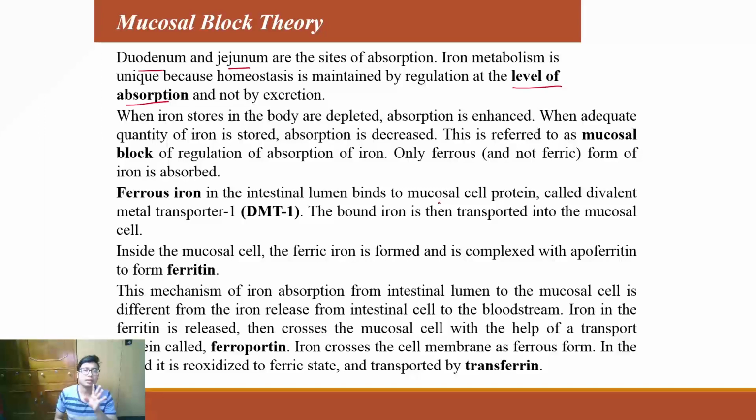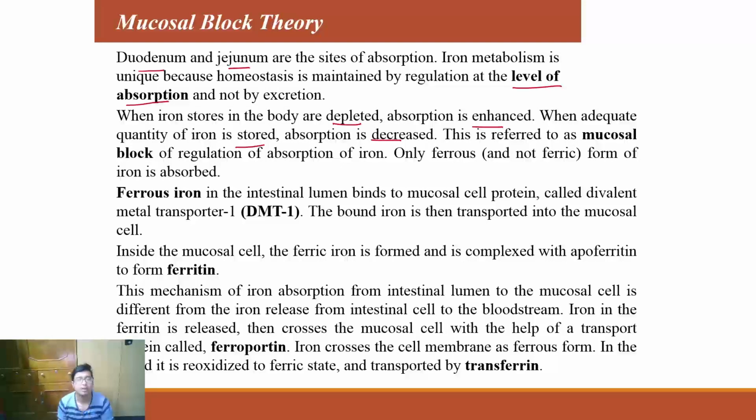And when adequate stores of iron in the body are fulfilled, then iron absorption will be decreased. It is very easy to understand. When iron stores are depleted, absorption will be enhanced. When adequate iron is stored, absorption will be decreased. This is referred to as the mucosal block of iron. So this is the mucosal block theory, meaning the block will be at the level of mucosa.